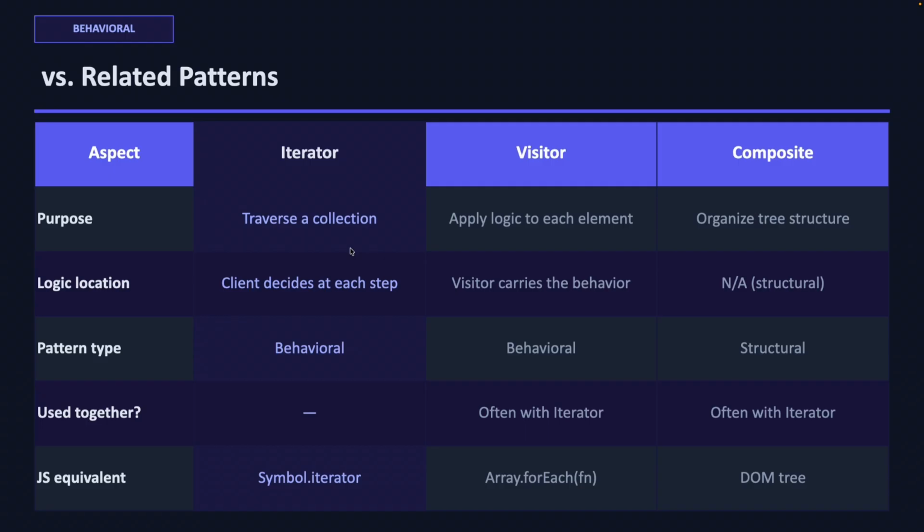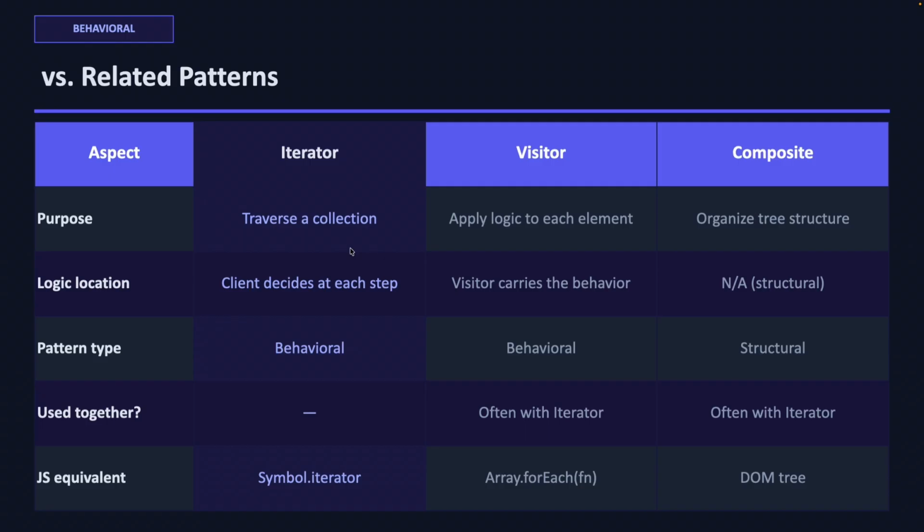Next, you have the iterator with the composite. The composite pattern organizes objects into tree structures. You often add an iterator to traverse that composite tree. They're frequently compared, but they're solving different problems. A composite is about structure.